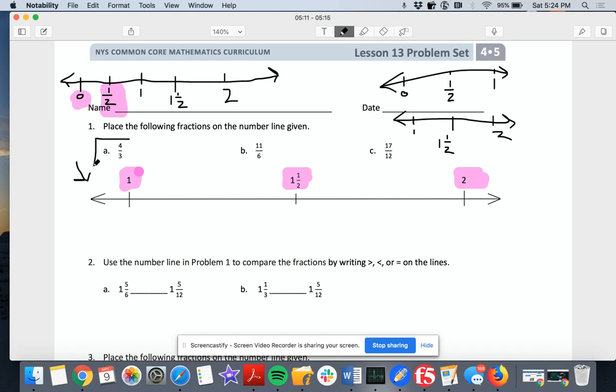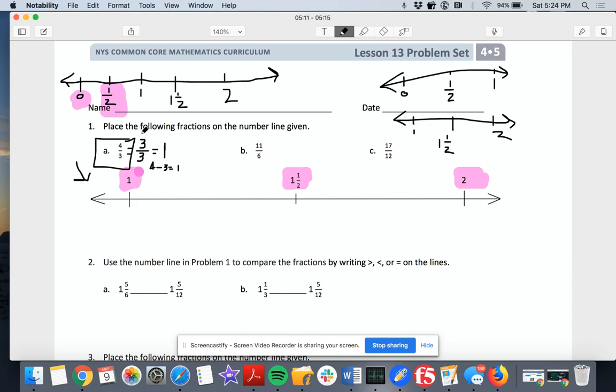So let's look at this 4/3. I know that 3/3 is equal to 1, right? And then we also know that 4 minus 3 is equal to 1.